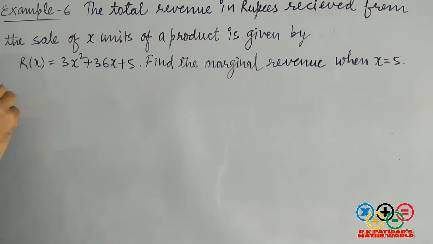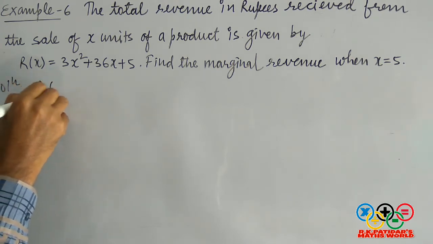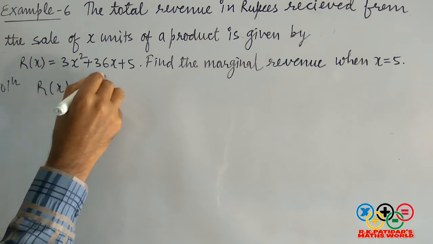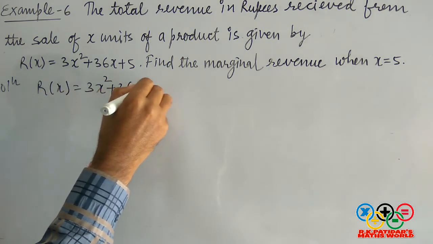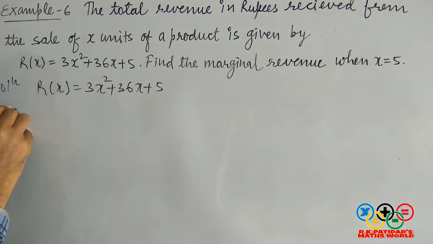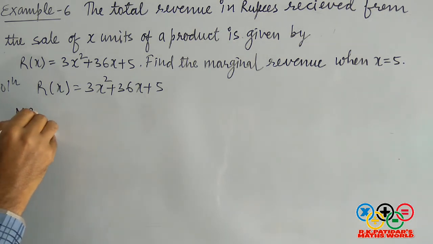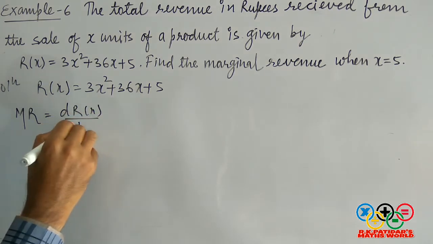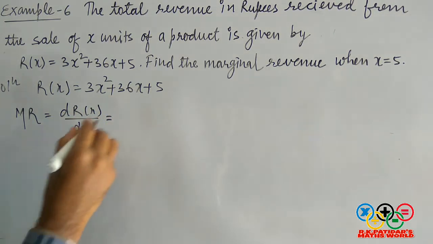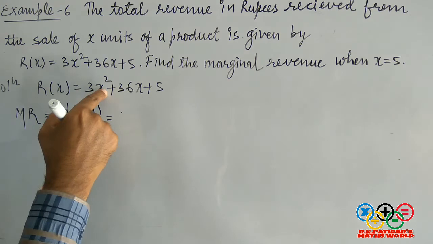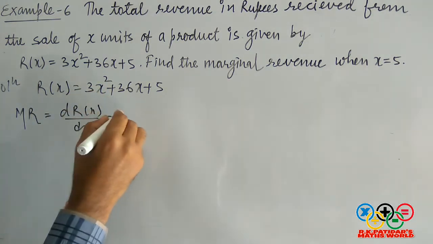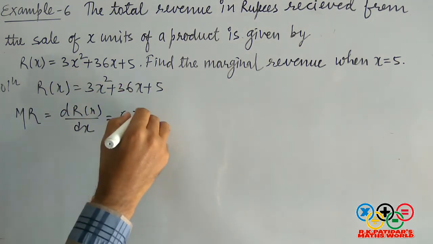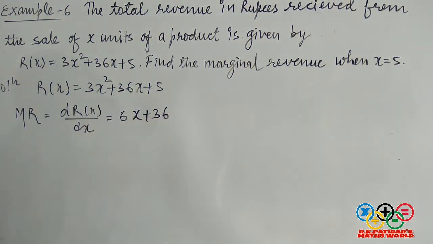So the solution: here it is given that R(x) is equal to 3x² plus 36x plus 5. So marginal revenue is dR/dx. The derivative of x² is 2x, so 2 into 3 is 6x, plus 36. So 6x plus 36.